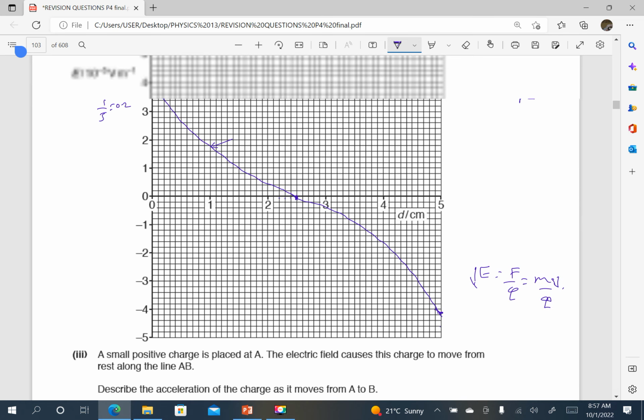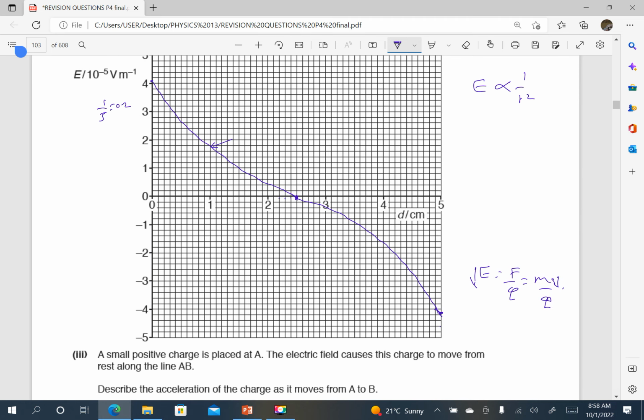So here the electric field strength is increasing, you can see. So the acceleration must be increasing, but it is on the negative part, so it is increasing in the opposite direction.